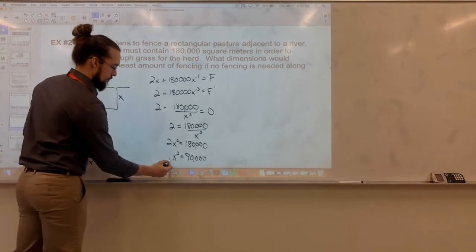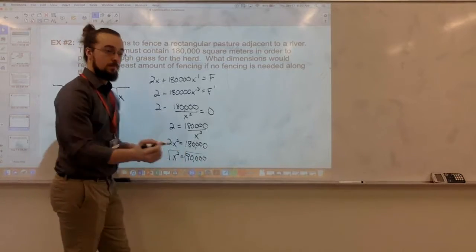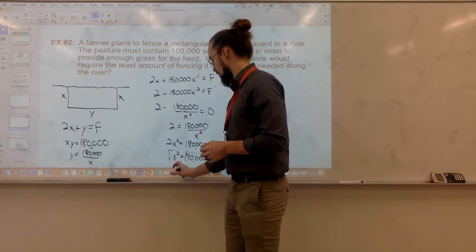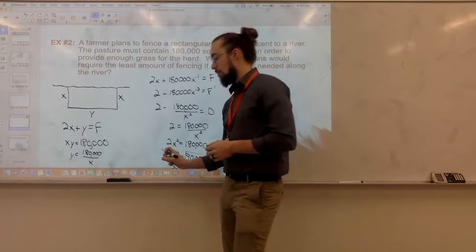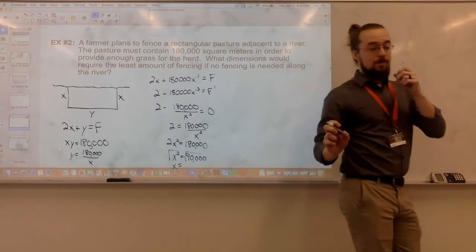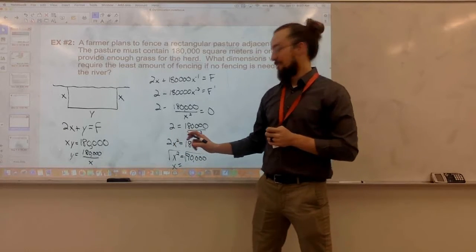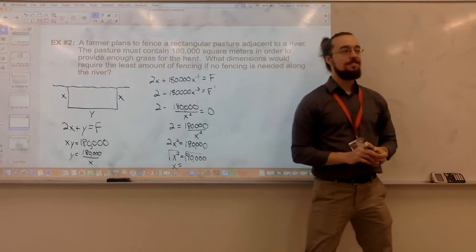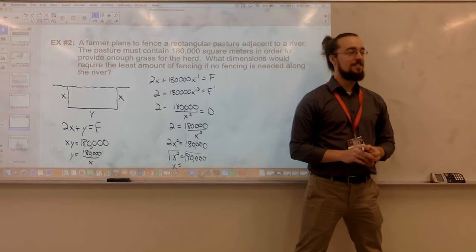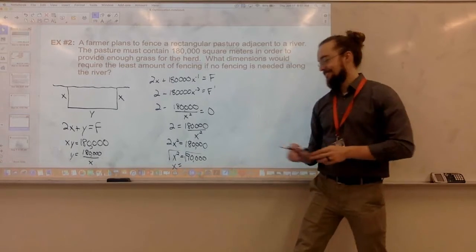Square root. So what's the square root of 90,000? It's something with a 3. It's definitely 300.